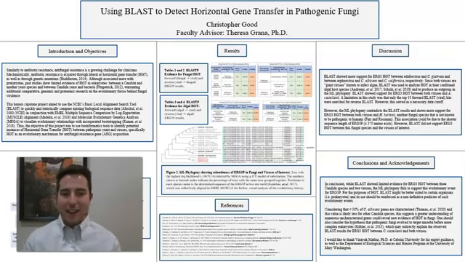But it didn't support the BLAST evidence, which is really strange. So considering that, it's likely that BLAST, for the context of horizontal gene transfer, is probably better suited for prokaryotes, not eukaryotes like this project. And it's important to remember that it's a quick statistical tool, so it's not really meant to be a definitive predictor of these evolutionary events.